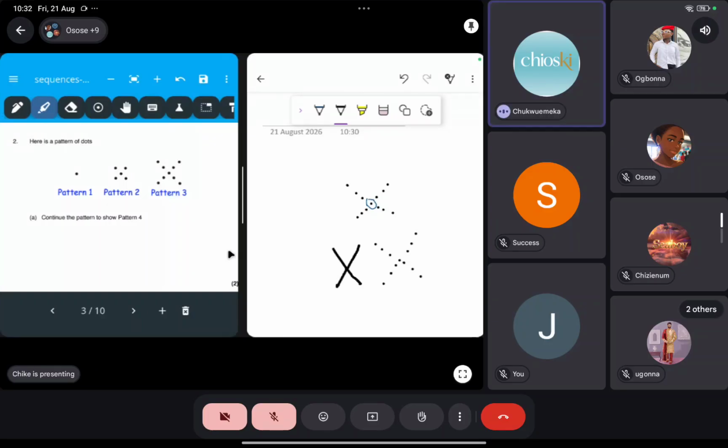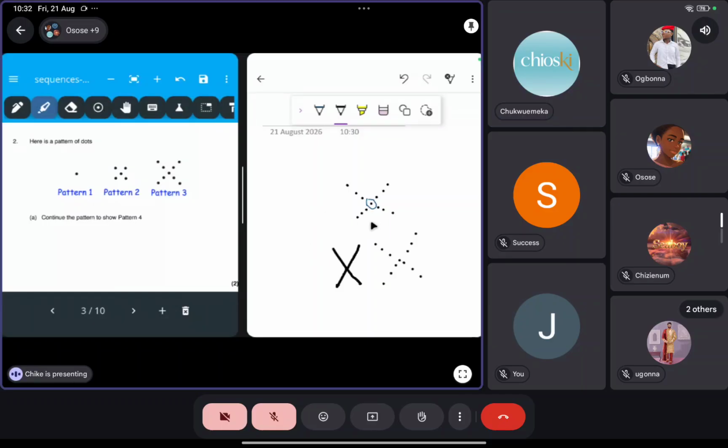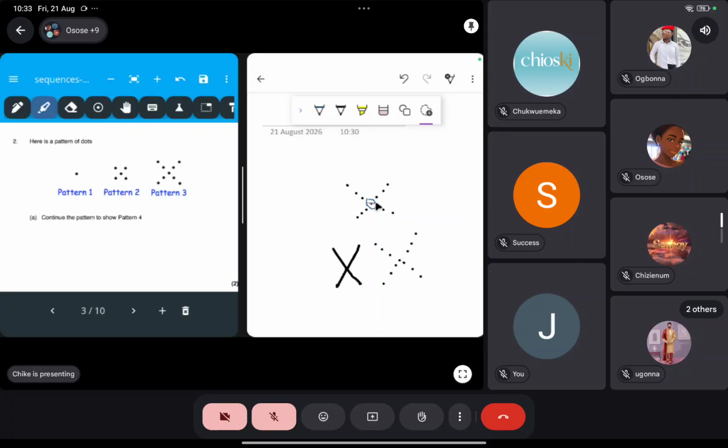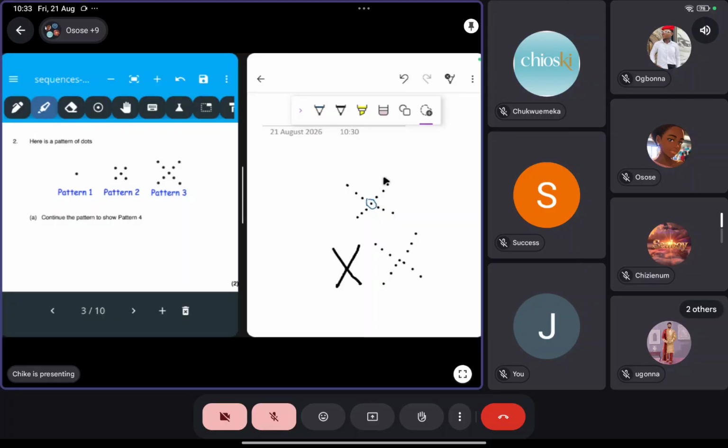Yes, sir. What's your method? Adding extra 4 at the edges. Let me get you. If this is your central dot, let me mask this so I can move it around.